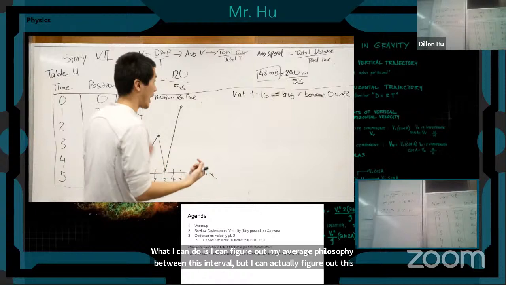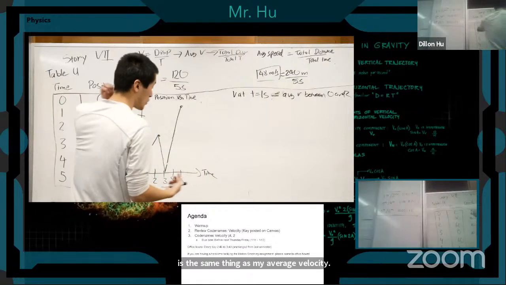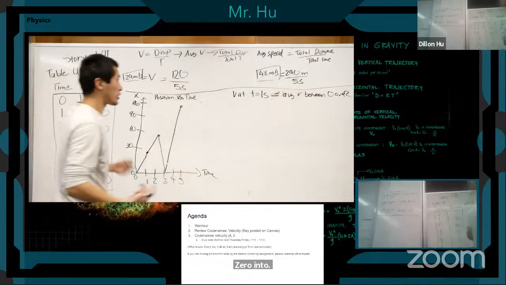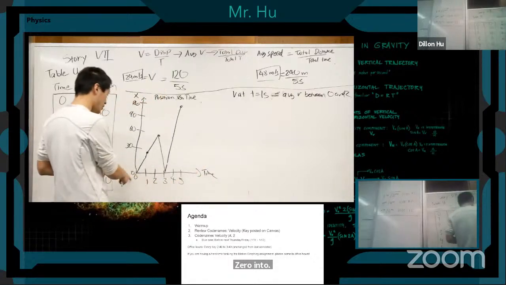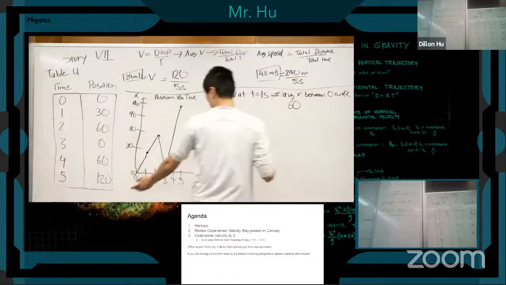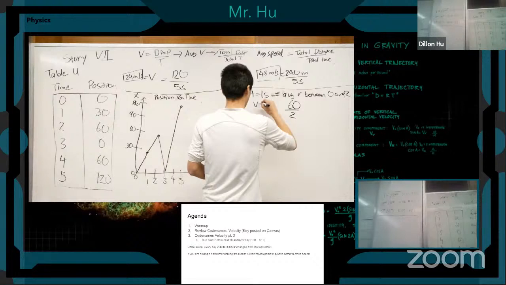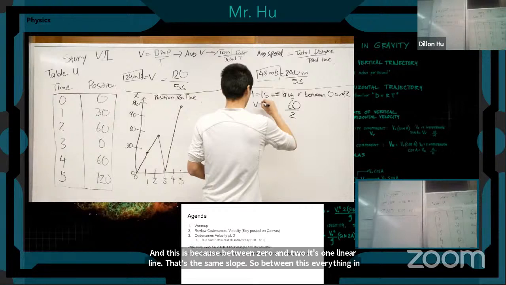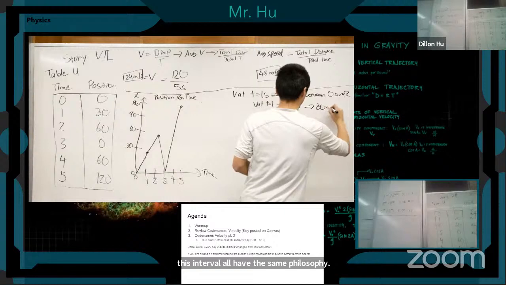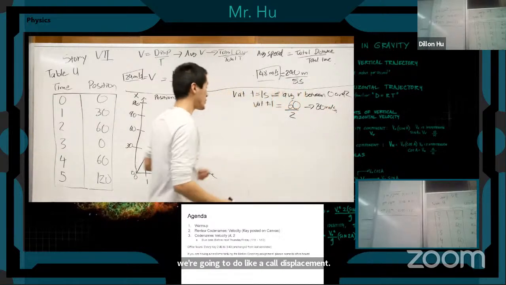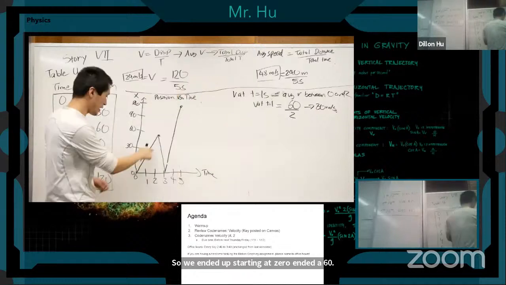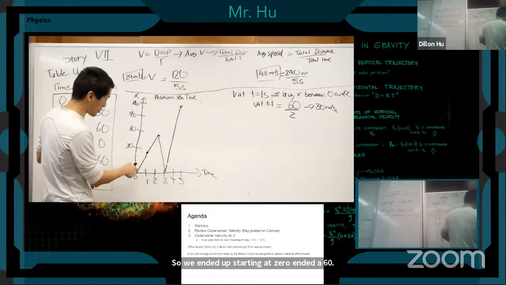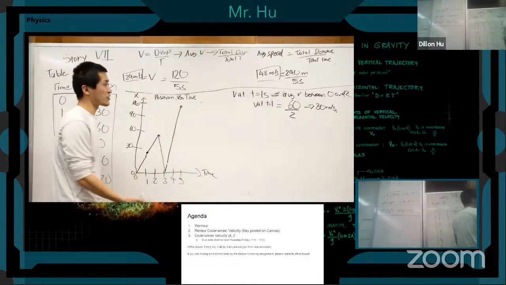To find it, we do something similar to what we did previously and look at our total displacement. We started at 0 and ended at 60, so our total displacement is 60. This occurred over 2 seconds, so our velocity at t equal to 1 is 60 over 2, which is 30 meters per second. This means our velocity at time 1.5 or time 0.5 is also 30.